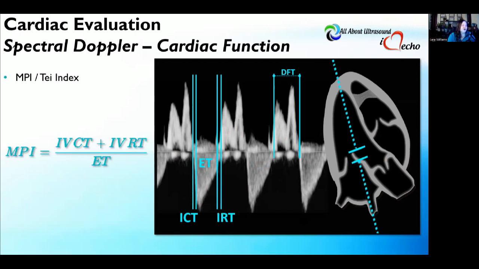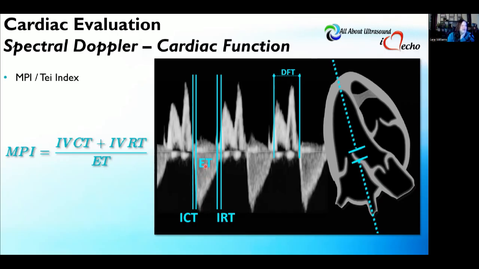So if we think about what those times entail, the isovolumic contraction time, again, is that time between basically the ventricular contraction and the opening of the valve, right? So we have the opening of the aortic valve, or the semilunar valves, the aorta and pulmonic open at the same time.